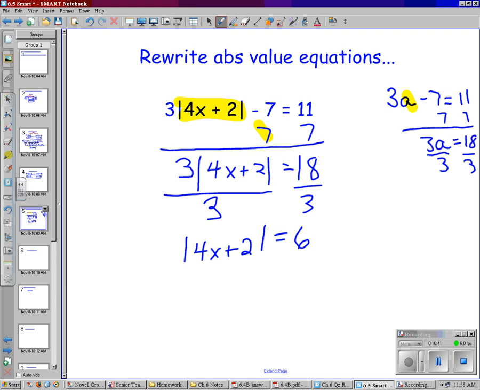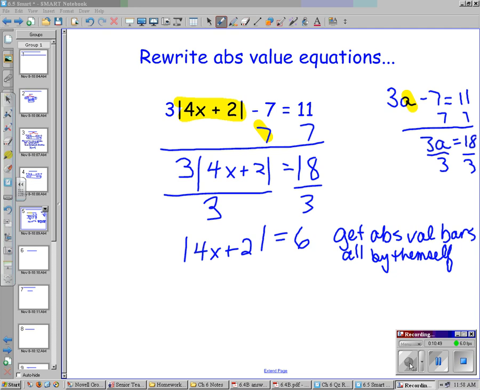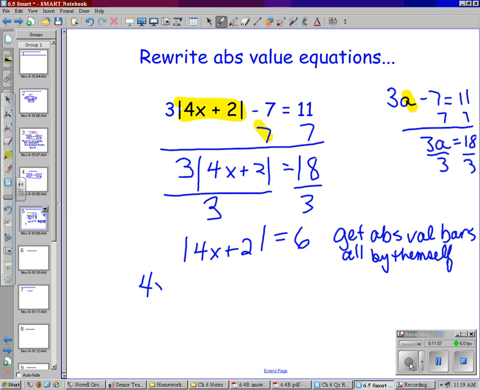You have to undo the operations so that you can get the absolute value bars all by themselves. Now that you have them by themselves, we have to set up 2 equations. What are going to be the 2 equations that we are going to set up? Ellie? 4x plus 2 equals 6.